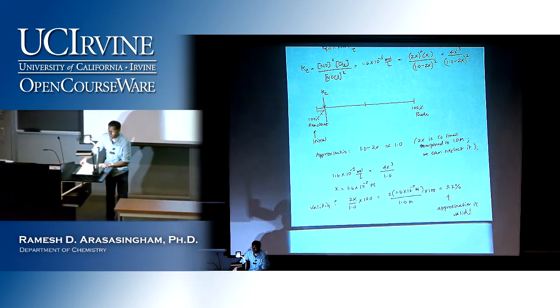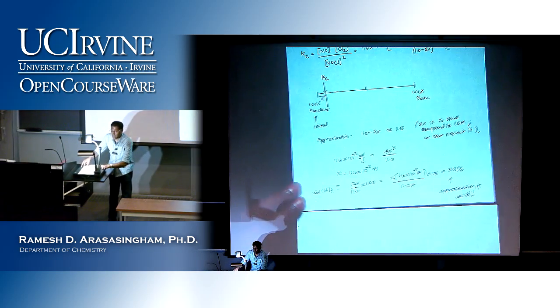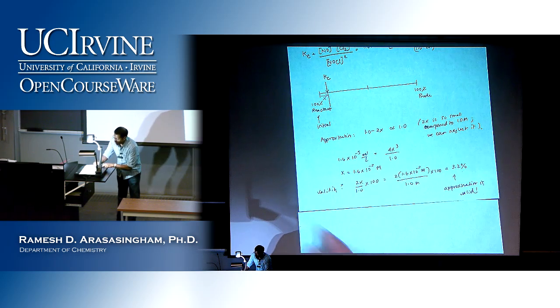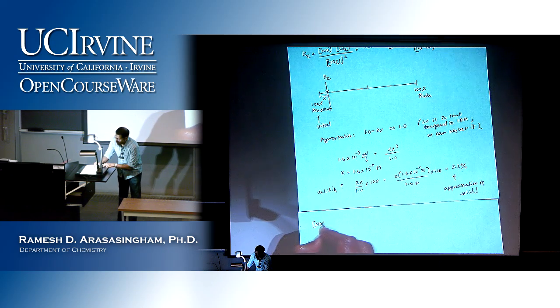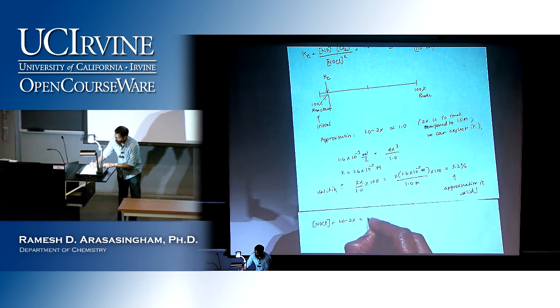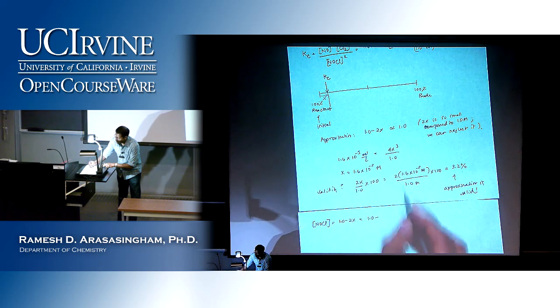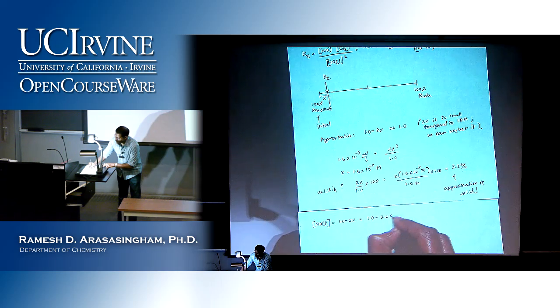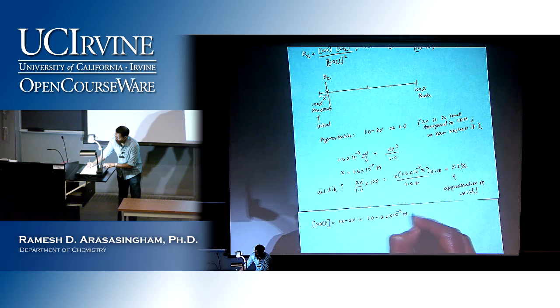Now, the problem is still not complete, because now we need to figure out what the concentrations of NaCl is. And the concentration of NaCl is 1 minus 2x, all right, which is 1 minus 3.2 times 10 to the negative 2 molar.